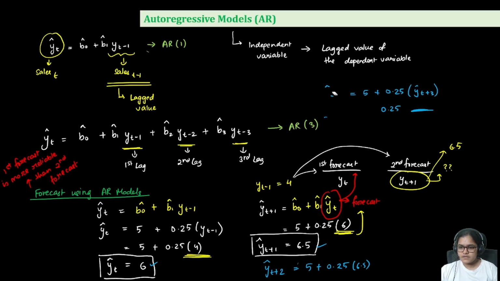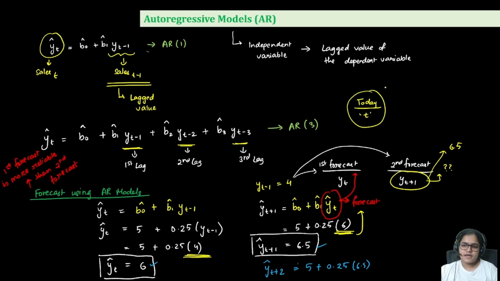Okay, so that is why we are saying that when you go into second order forecast, third order forecast, fourth order forecast, etc., the reliability of the forecast starts reducing. So we are basically saying that you are standing here today. Today, let us say it is time t.